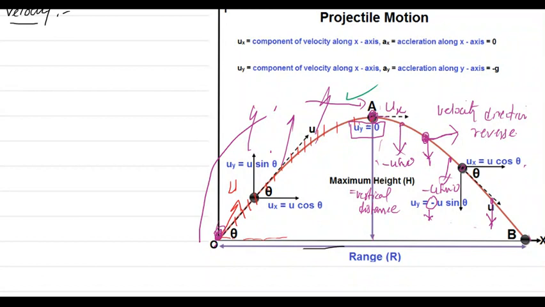This question comes to mind. You can see that the horizontal component's direction at each and every place is the same. There is no change, no reversal. That's why it remains positive. So this was the concept regarding velocity. It should always be in your mind.